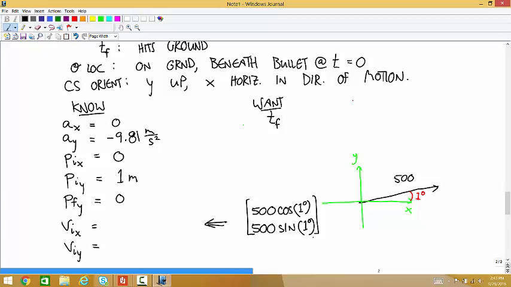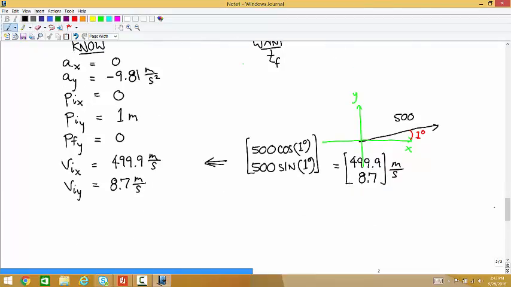And what do you get for that? So VIX is 499.9 meters per second, and VIY is 8.7 meters per second. Do we know anything about V final?